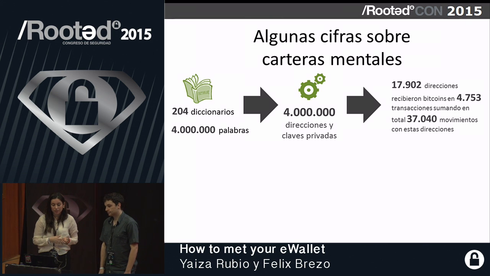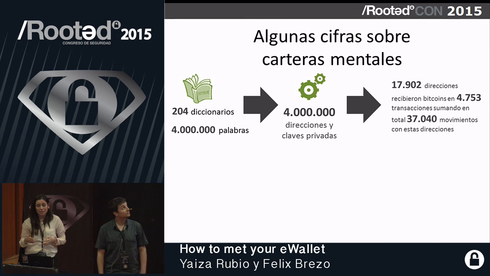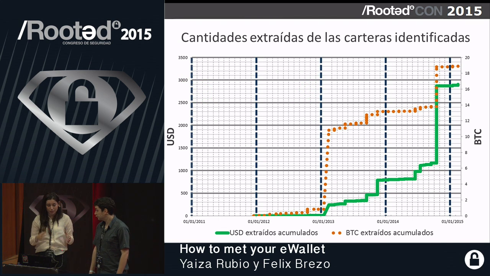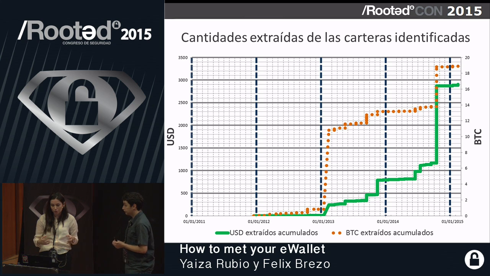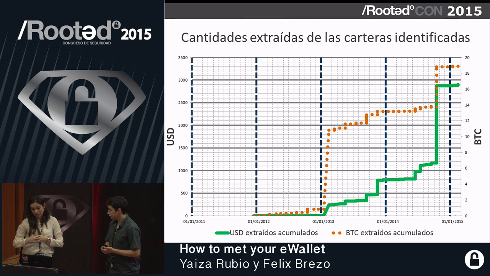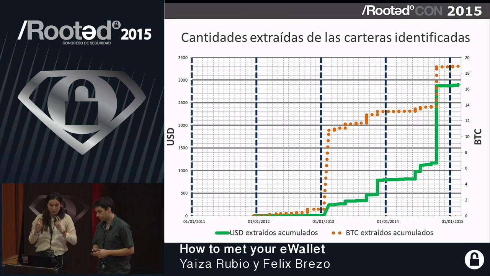We have identified 4 million words, 4 million addresses and private passwords, and we discovered that 17,000 addresses received bitcoins in 4,000 transactions, adding up in total to 37,000 movements with these addresses.